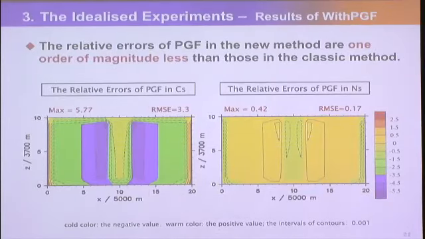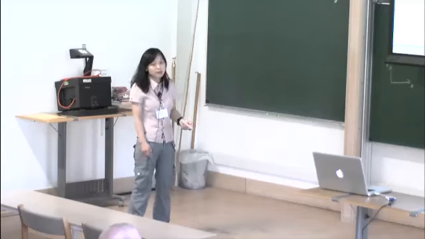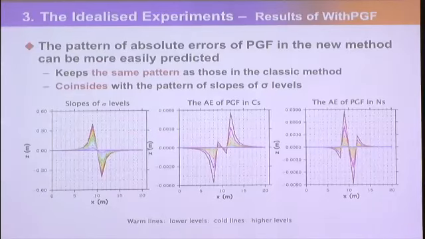Secondly, we compare the relative errors of the PGF in both methods. We can see that in the whole domain, the relative errors of PGF are one order of magnitude less than those in the classic one, as well as the root mean square error of the whole domain. Thirdly, we pay attention to the pattern of absolute error of PGF on every sigma level.